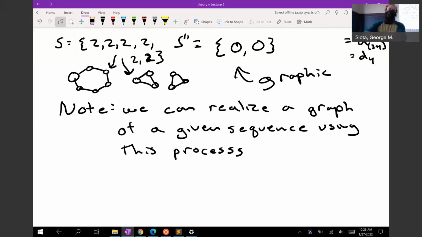Okay, so if we wanted to realize a graph of a given sequence, we can do as is suggested.